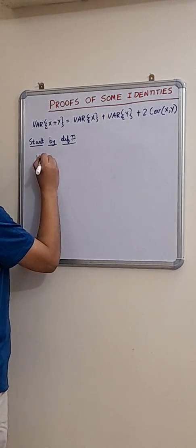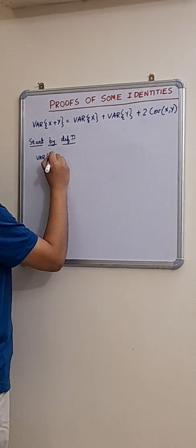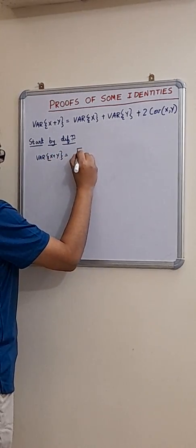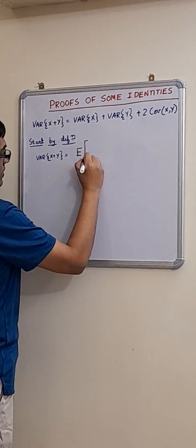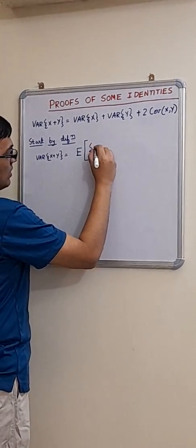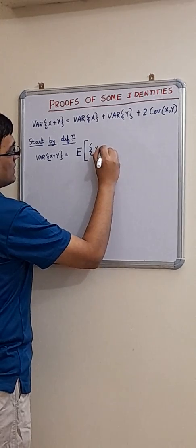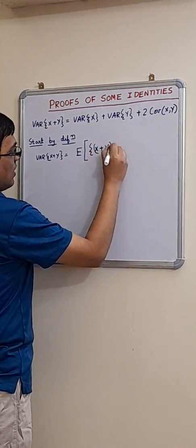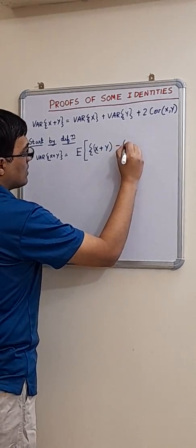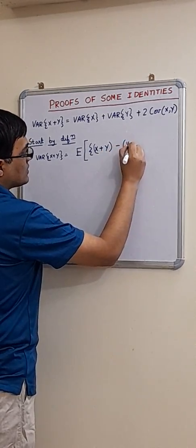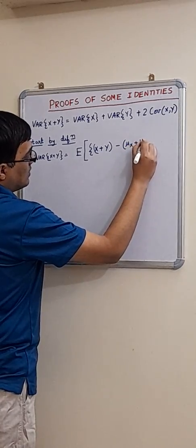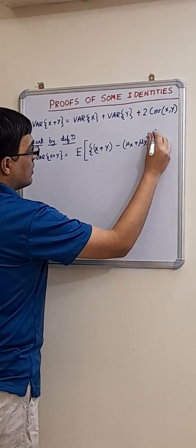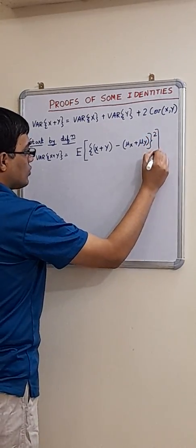Variance of x plus y is equal to E of x plus y minus mu x plus mu y whole square, right? So watch where I put the brackets.